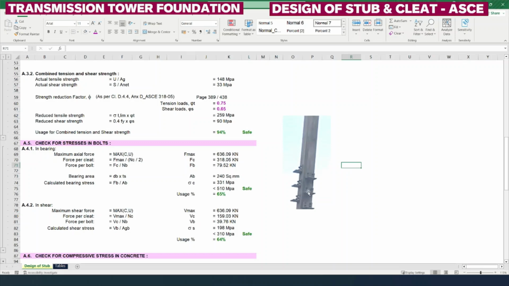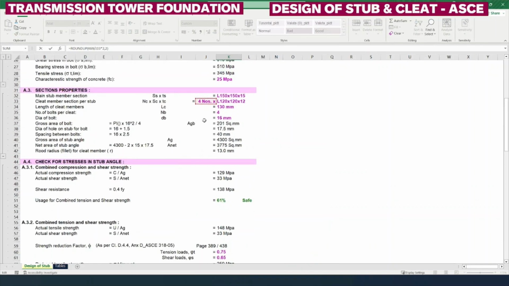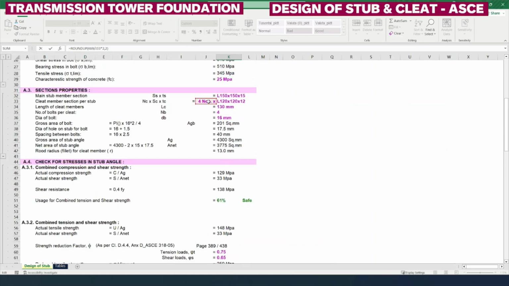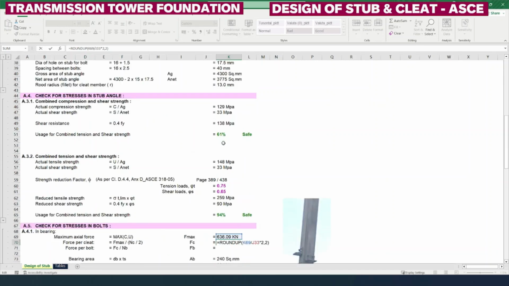So only 50% of the number will effectively act on one side for axial forces. So here we need to consider only 50% of the number of cleats which are connected to the stub. So 4 divided by 2, only 2 cleats we need to consider.